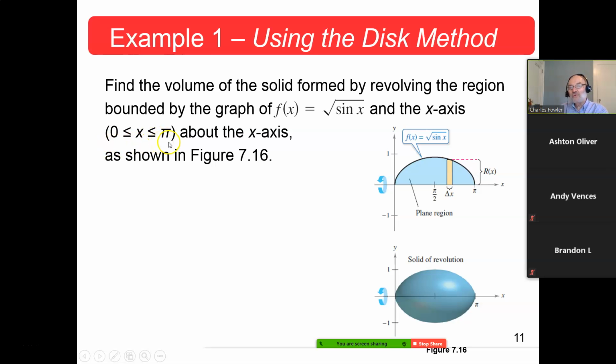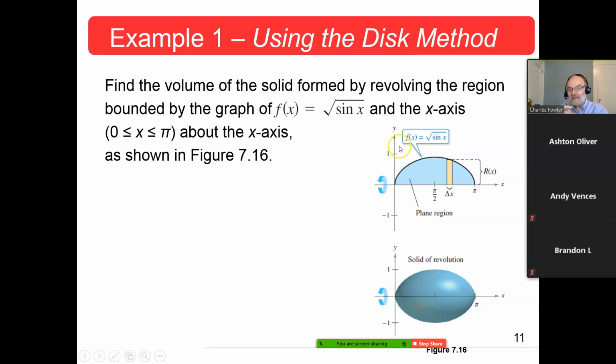That's a very good range, because sine of 0 is 0, sine of pi is 0, and it's positive everywhere in between. So basically it's one positive loop of your sine curve, half of a sine curve from 0 to pi. The other half goes negative. We don't want that. We want the positive part, 0 to pi.